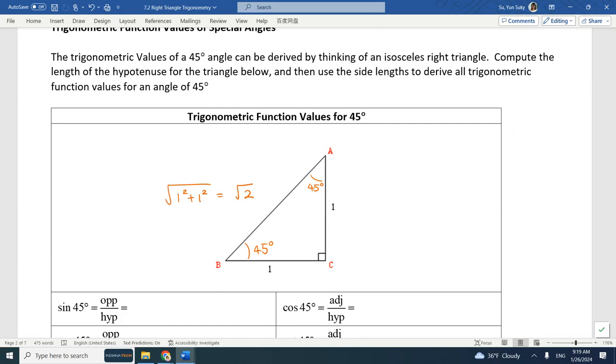Right, everybody? Okay, so let's focus on this angle. Let this angle be our theta. Then what is our opposite side? Right here is 1. Our adjacent side is also 1. And our hypotenuse is square root of 2.